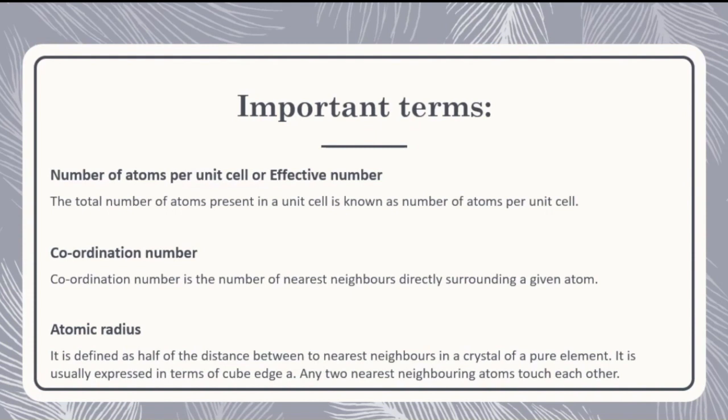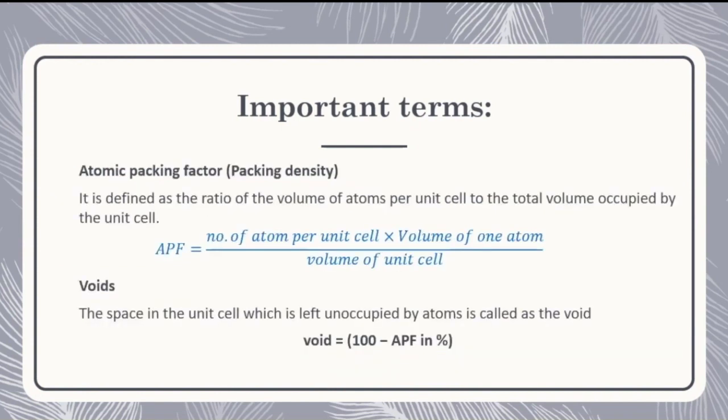Third is the atomic radius. Atomic radius is defined as the distance between the two nearest neighbors in a crystal of a pure element, and it is usually expressed in terms of the cube edge a, and the two nearest neighbor atoms touch each other. This is the condition. The next is the atomic packing factor.